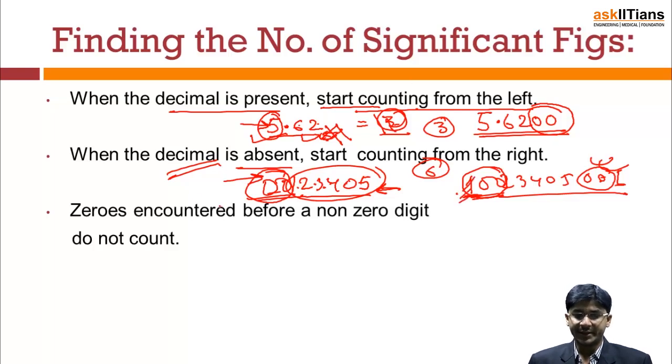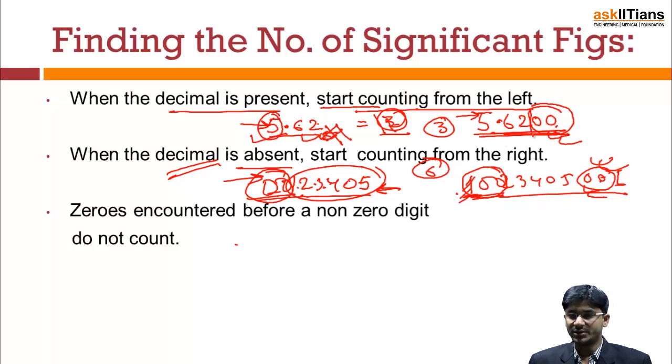Okay. Now moving ahead, zeros encountered before a non-zero digit do not count. Zeros that are encountered before a non-zero digit, they do not count. This is what we are talking about here. Non-zero digit, if you see it here. Now what are the zeros that are encountered before a non-zero digit? Here you have to measure from this.